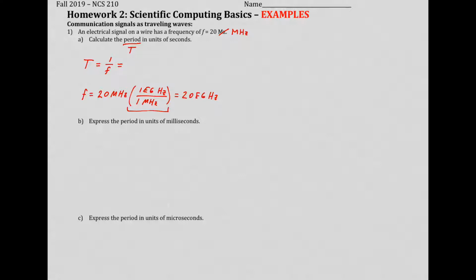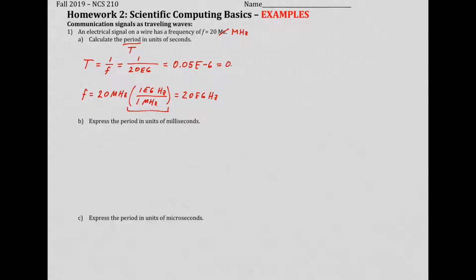So now I'm going to go 1 over f and plug in 20e to the 6th for f. And because I've got hertz there, I know that T is going to come out in seconds. 1/20th is 0.05, and e to the 6th in the denominator is e to the minus 6 in the numerator. So this is 0.05 times 10 to the minus 6 seconds.